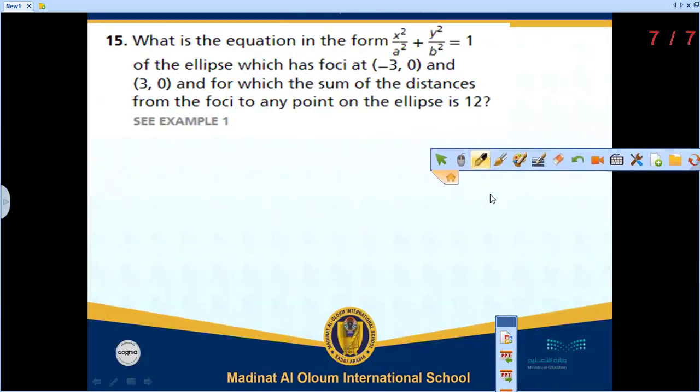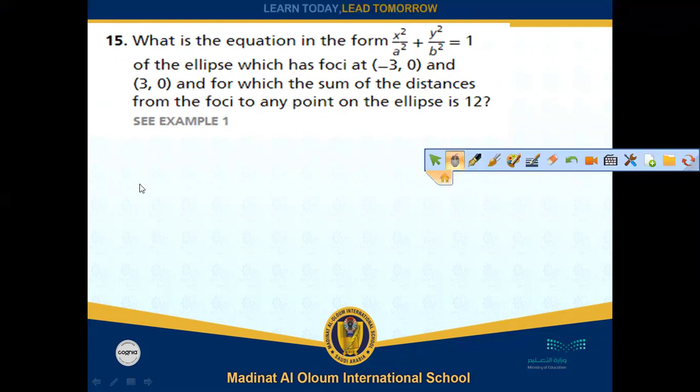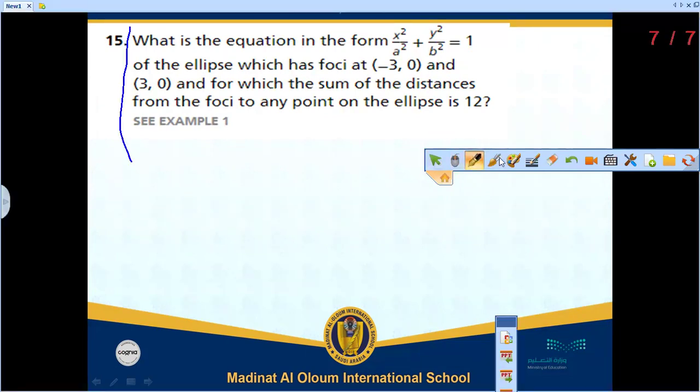Let us see, guys, what do we have here? What do I have? What is the equation in form? Which foci?